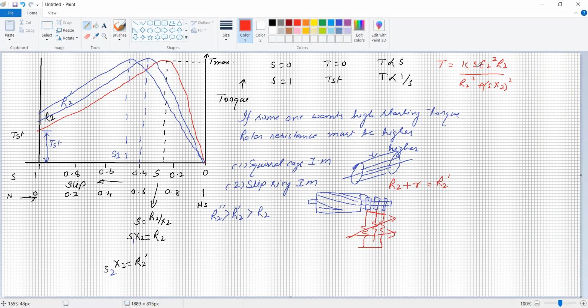Therefore, torque is directly proportional to slip. Once the slip value increases, the s X2 term becomes the dominant factor, and under such condition the torque becomes inversely proportional to slip.